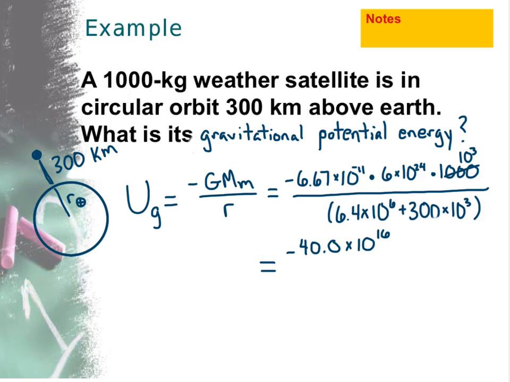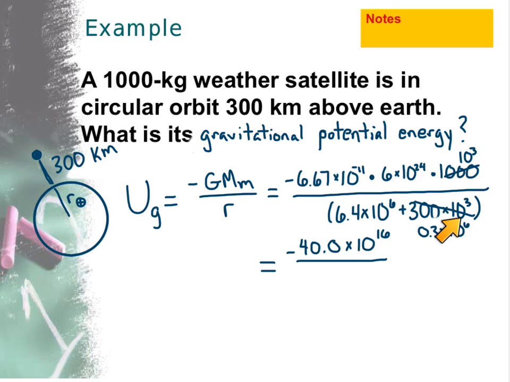And then we're going to do the same thing now with the denominator. When you're adding scientific numbers together, remember that you have to have the same exponent. So I need to change this number so that it has a power of 10 to the 6. When I do that, I get 0.3 times 10 to the 6.